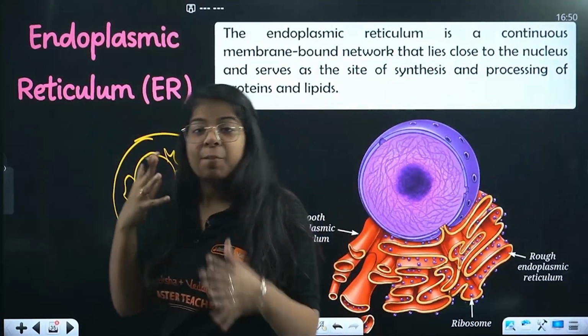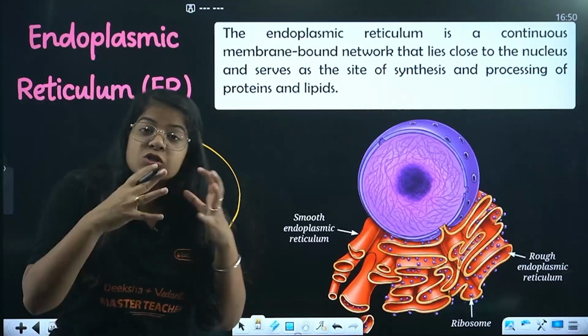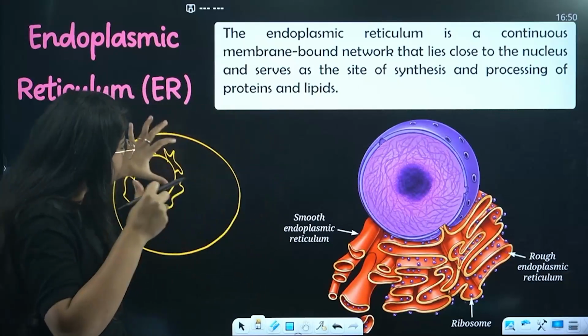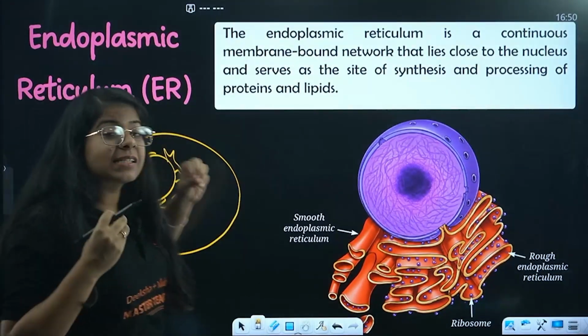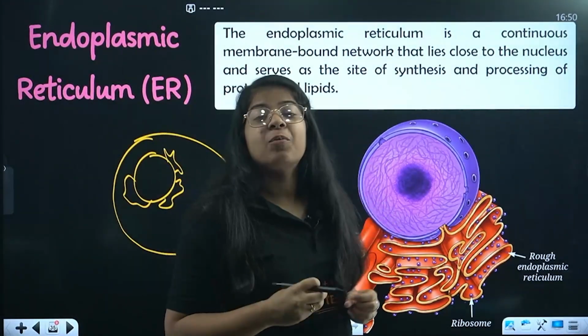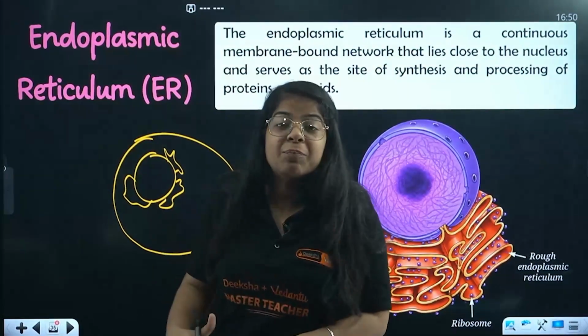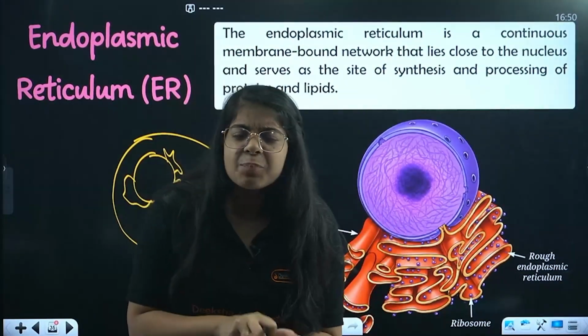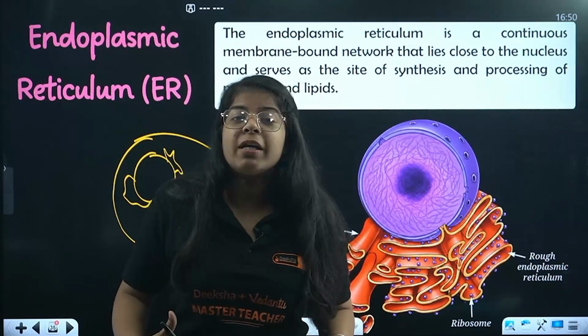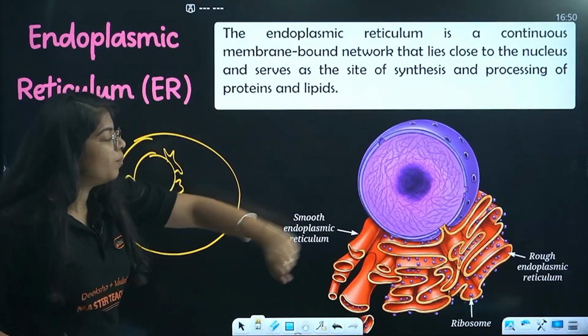What is it? It's a membrane, right? It bounds the materials that lie close to it, and it is a site of synthesis and processing of lipids and proteins. My cell needs protein. So where exactly is that protein made inside my body? That is on this endoplasmic reticulum.